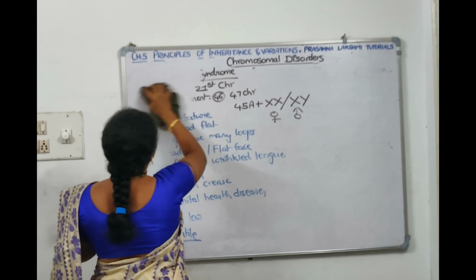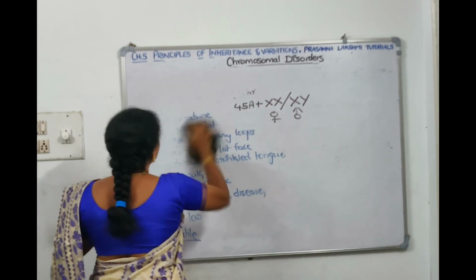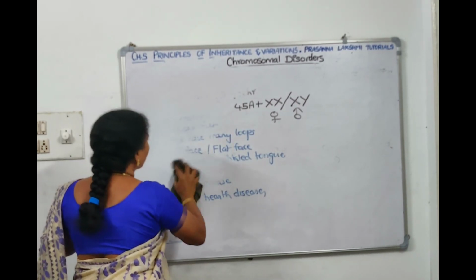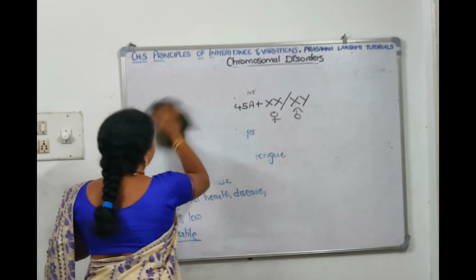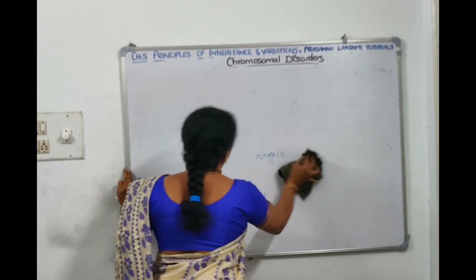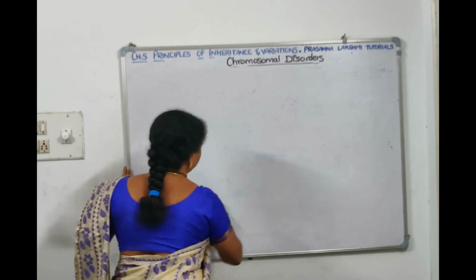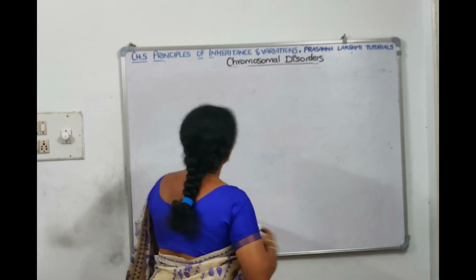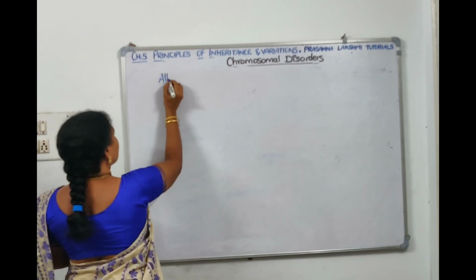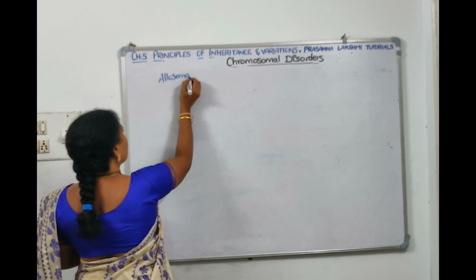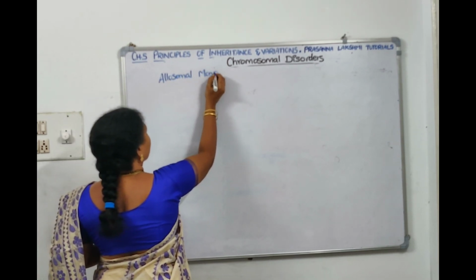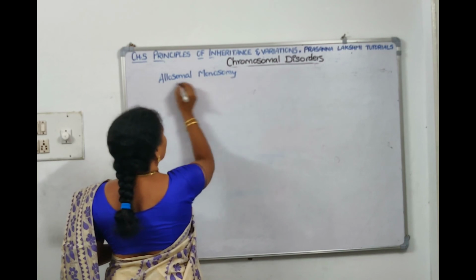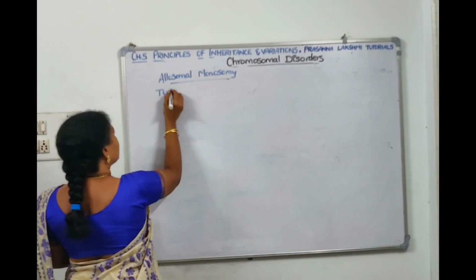Under allosomal disorders we have allosomal trisomy and allosomal monosomy. For allosomal monosomy, the example is Turner syndrome.